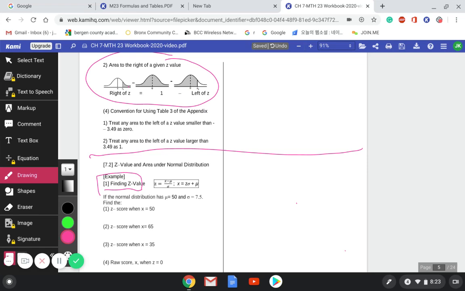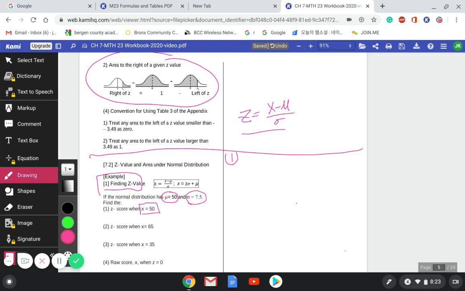X value is the input value. So let's say mu, the mean, is 50, sigma, which is the standard deviation, is 7.5, and x is 50. How do you find the z-score for that? To convert into a z-score, you have to know the formula: x minus mu divided by sigma.